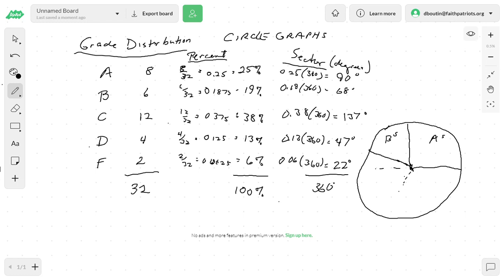So 137 is quite a bit bigger than that. So I'm going to do something like this. And those will be the C's. And then 47 degrees and 22 degrees almost splits what remains. Something like that. Those are the F's and those are the D's.